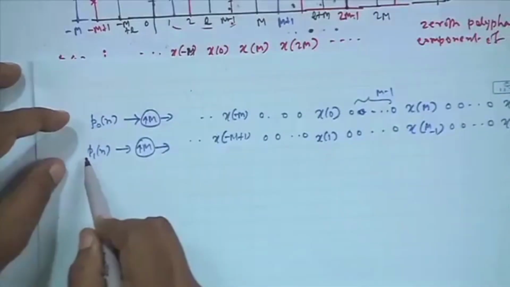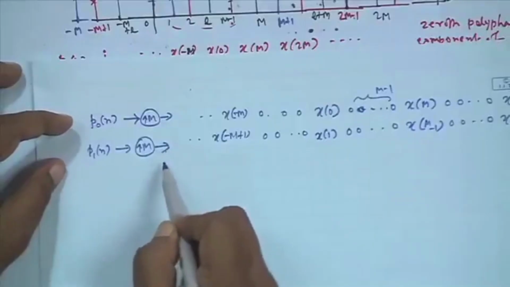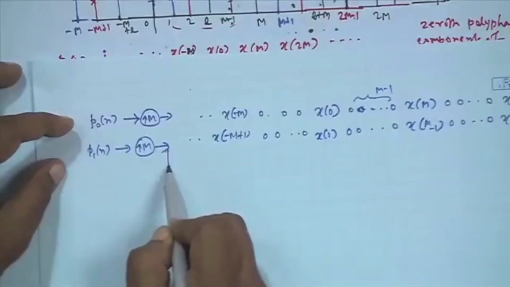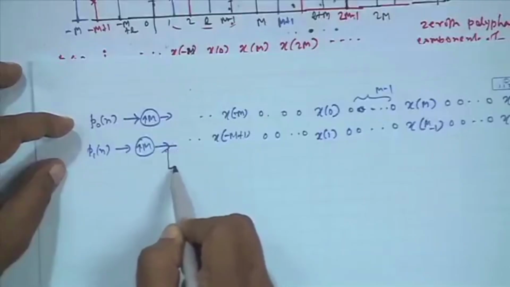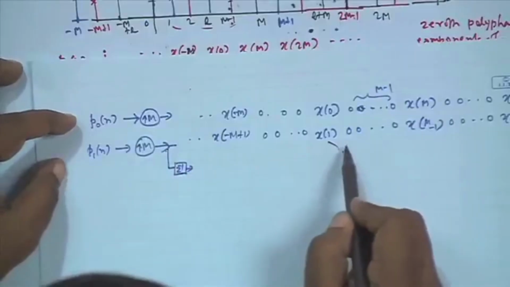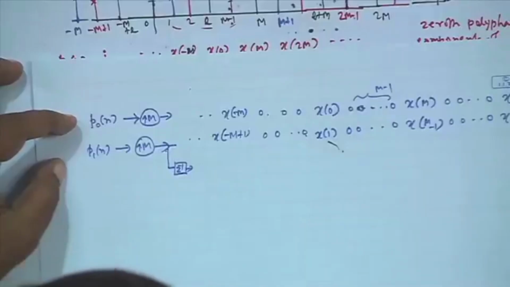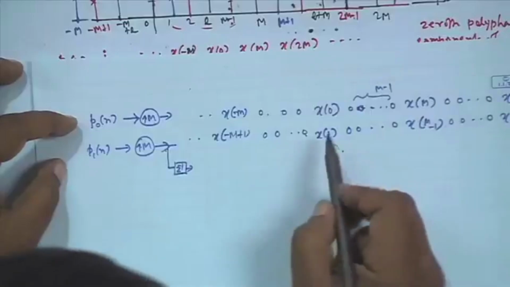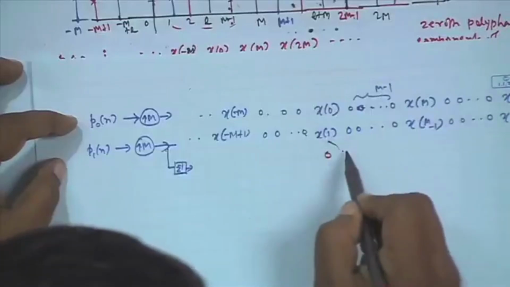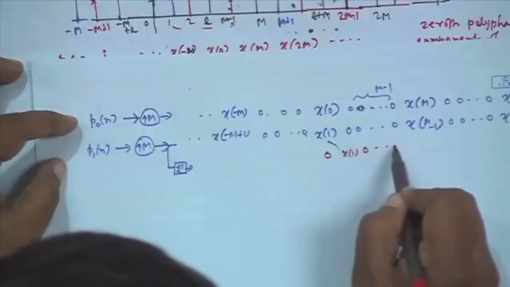Okay. Suppose I delay this output, this was here, right? If I delay it, what will happen? This will go to the next, this will go to the next. So, you will have this 0 will come here, so you will have 0, x 1, then the zeros will move.